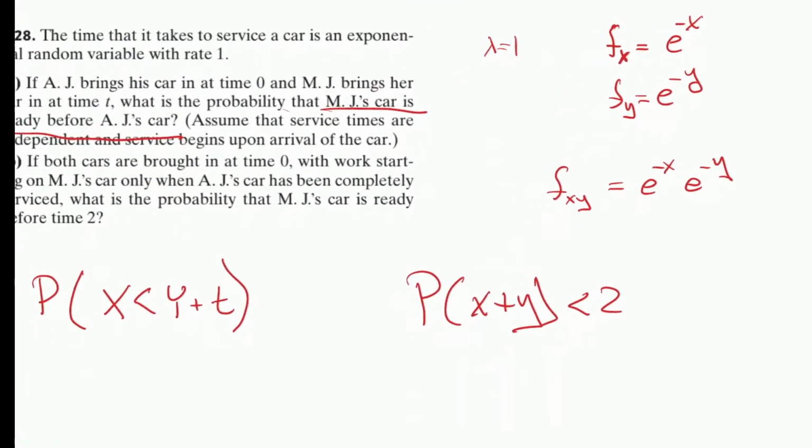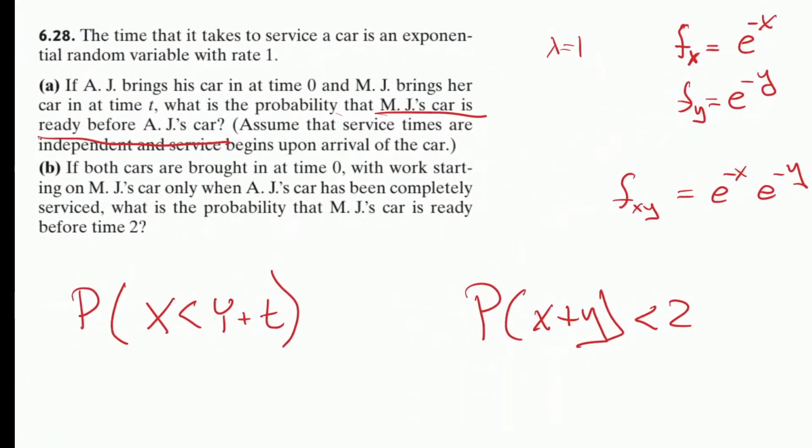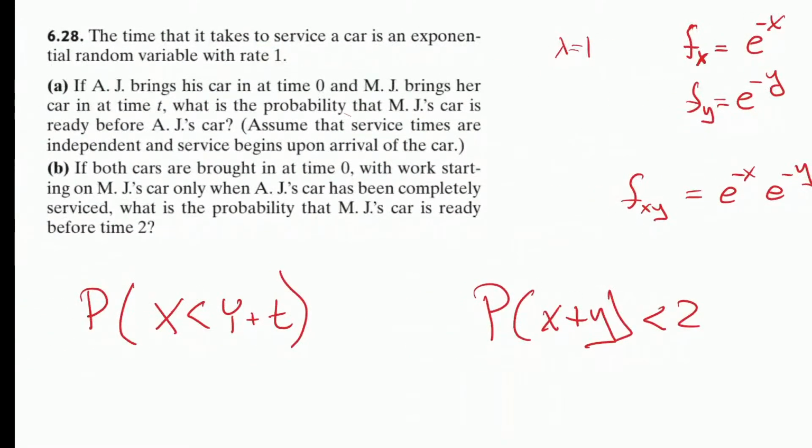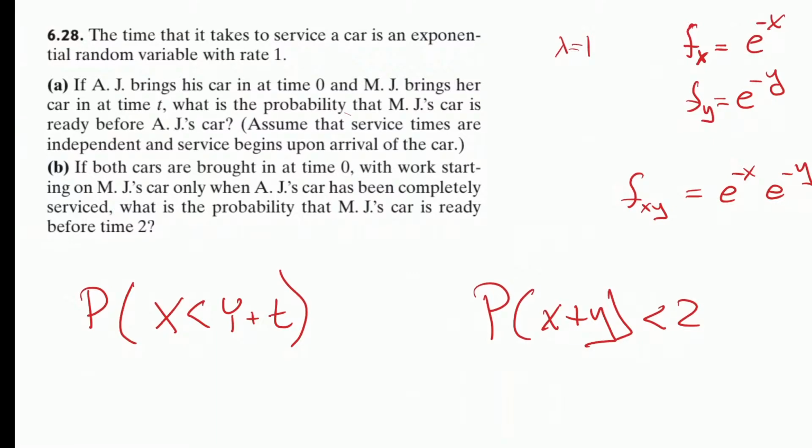If you do it the easy way, which I should do. Okay, so this one's the one where you're actually thinking about a quasi application, I guess. You have these exponential random variables, the cars. So I've got x and y for AJ and MJ.